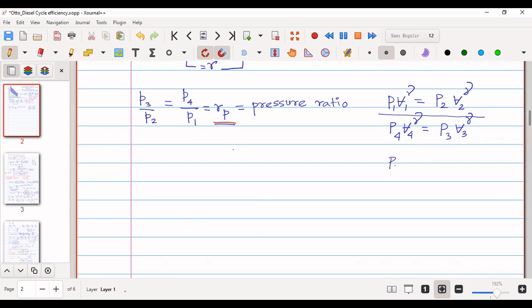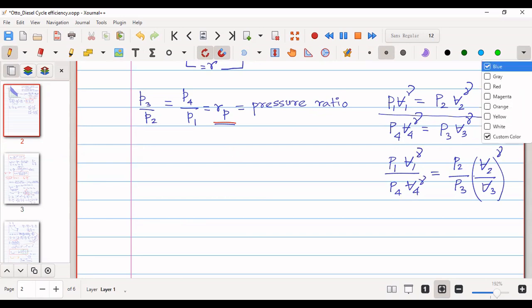Therefore, it will be P1 V1 to the power gamma by P4 V4 to the power gamma is equal to P2 V2 by P3 V3 whole to the power gamma. I'm sorry, here I have written 4, it will basically be gamma.